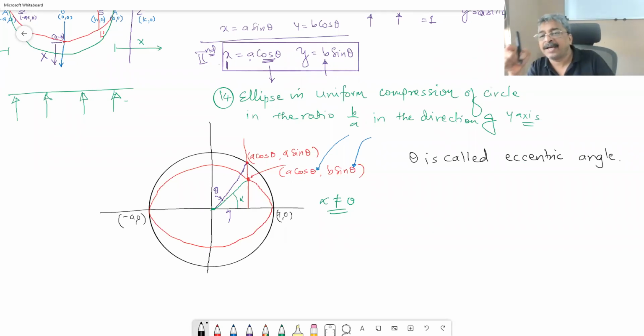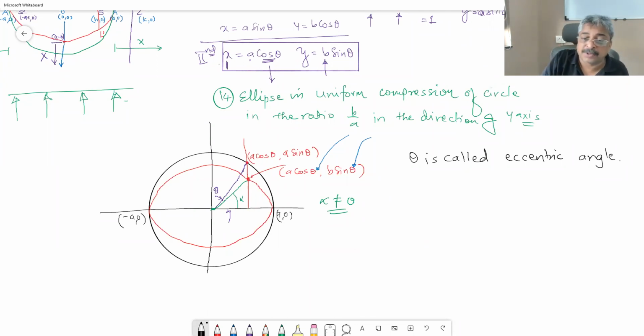And if you want to find a point on the ellipse, you might as well draw a circle, construct that eccentric angle on the circle, go on the circle with that eccentric angle and vertically come down by b by a to get the point on the ellipse. That should be the procedure.